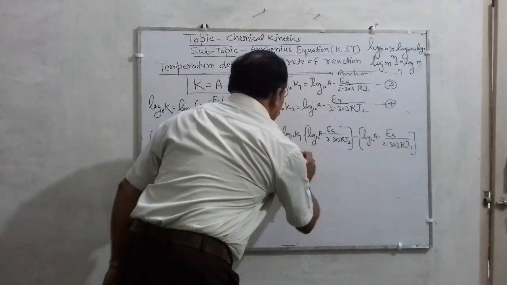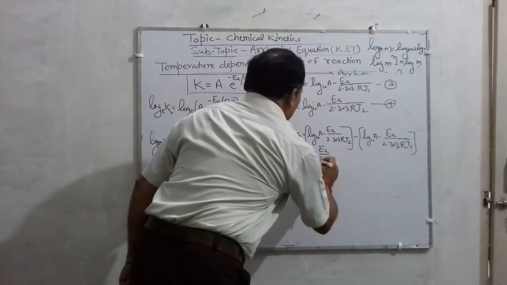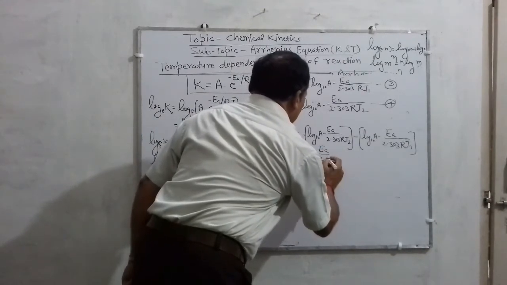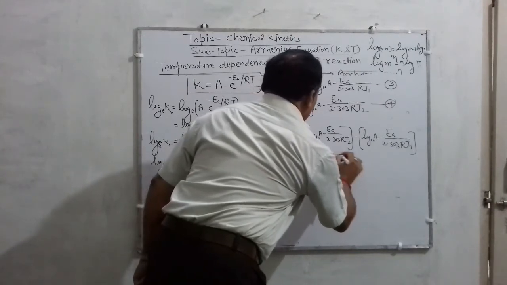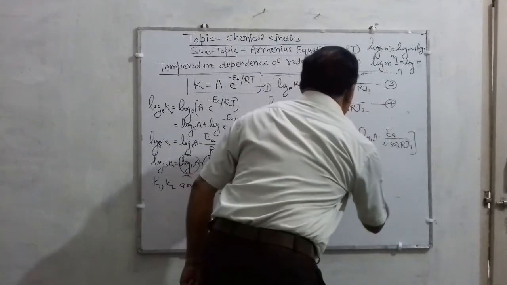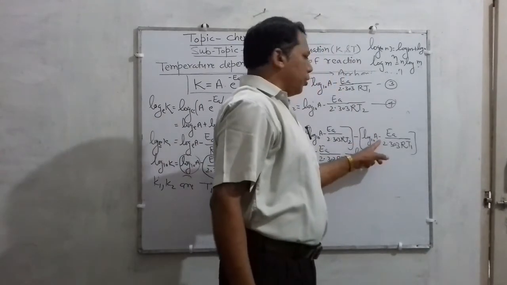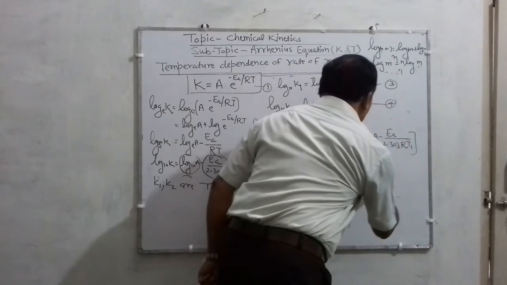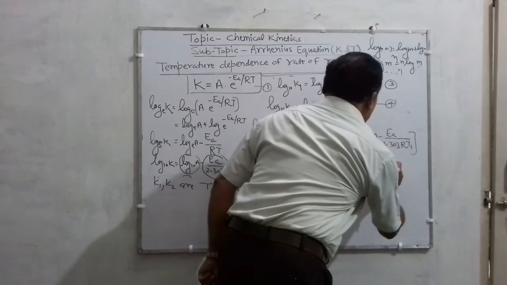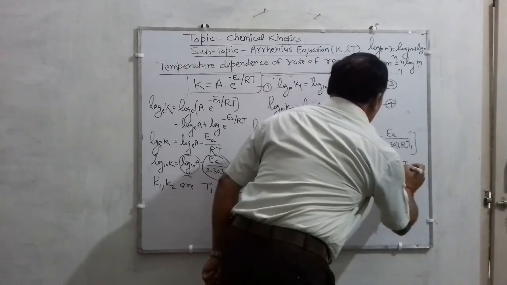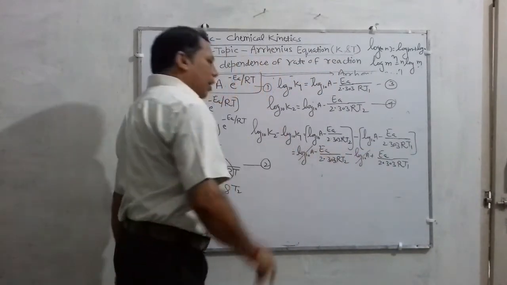So it becomes log 10 A minus E_a upon 2.303 RT2, and this is minus log 10 A, and by multiplying this minus with this minus, it will become plus now, so plus E_a divided by 2.303 RT1. So this plus log 10 A and this minus log 10 A will cancel out.